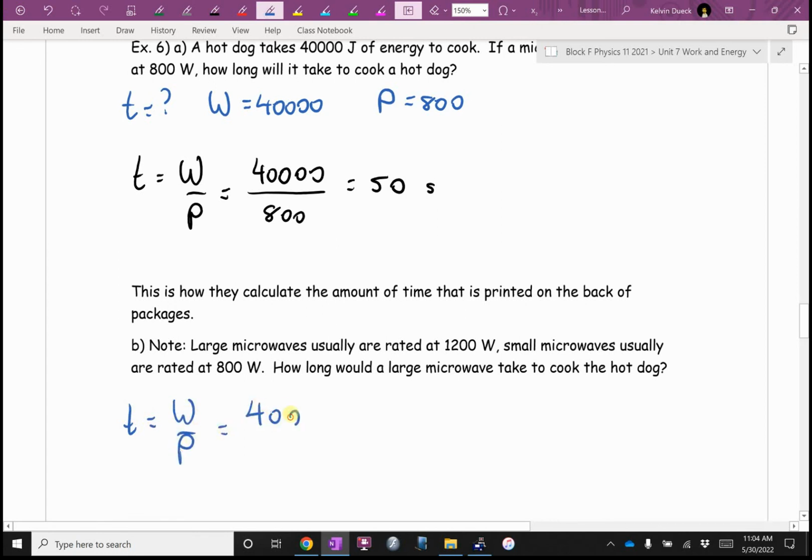It's going to be 40,000, but this time divided by 1200. How long will this take? 33.3 repeating? Yeah.